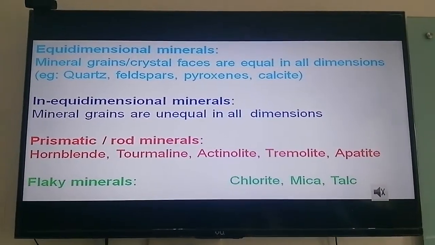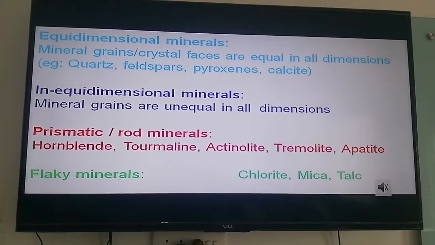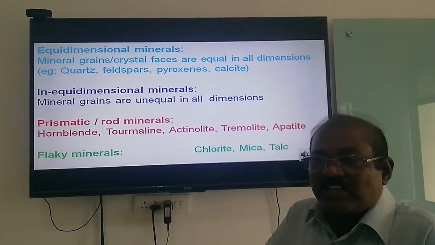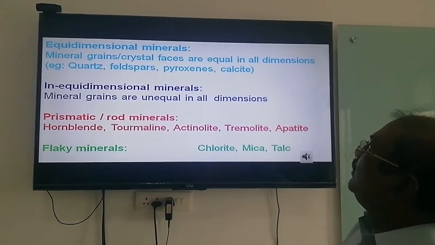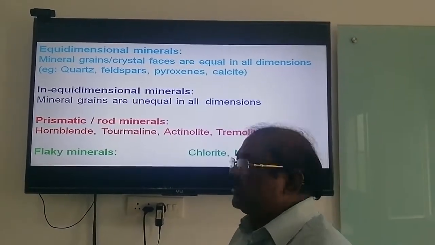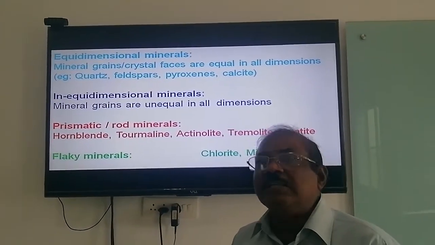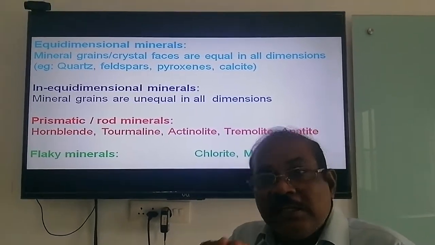If we see equidimensional minerals, that means mineral grains or mineral crystal faces are similarly equal in all dimensions. Those are called equidimensional minerals. Sometimes quartz can be seen as an equidimensional mineral, and sometimes quartz can be seen as inequidimensional.